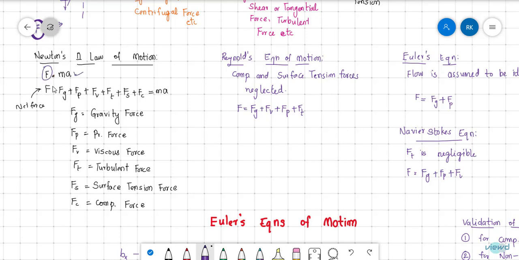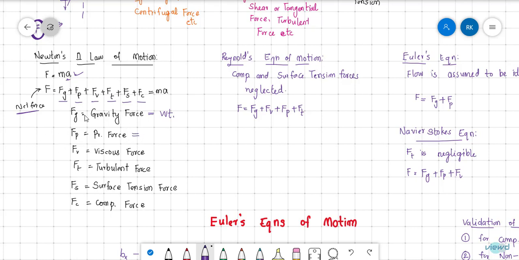If a number of forces are acting on a body, the resultant or net force will lead to an acceleration a of a body of mass m. So what is this net force? This net force is composed of different types of forces: Fg plus Fp plus Fv plus Ft plus Fs plus Fc. Fg is the gravity force, also called the weight of the body, and Fp is the pressure force.